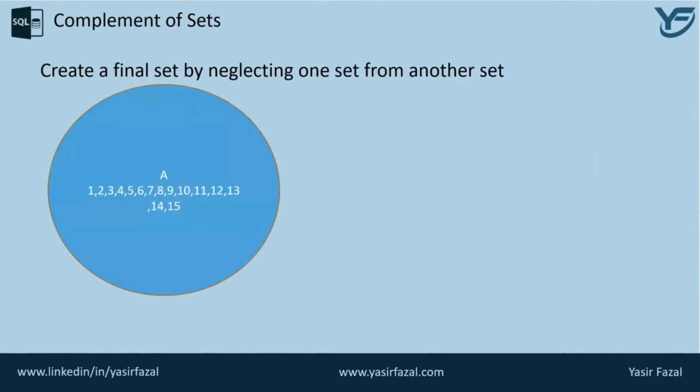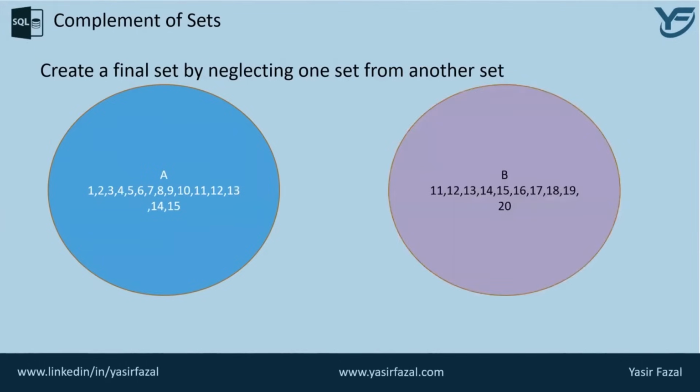I have a set A which contains numbers from 1 to 15, and then there is another set B which contains numbers from 11 to 20.